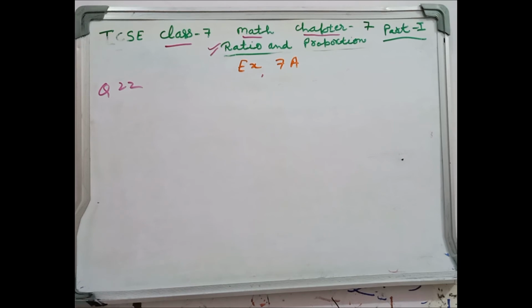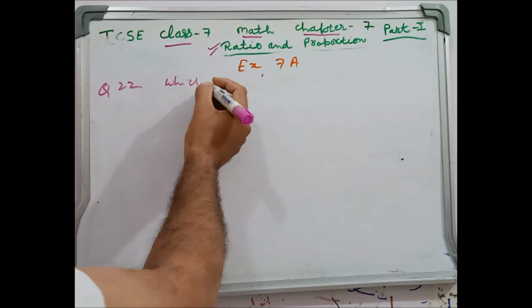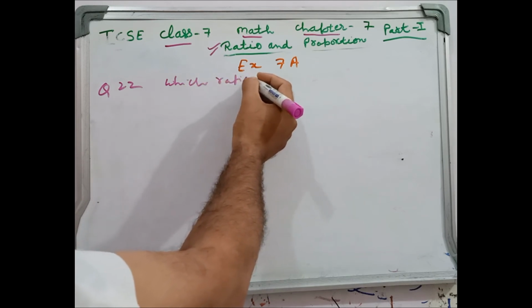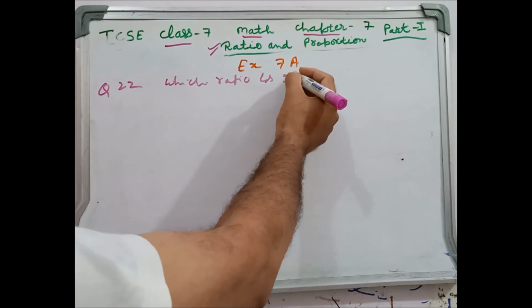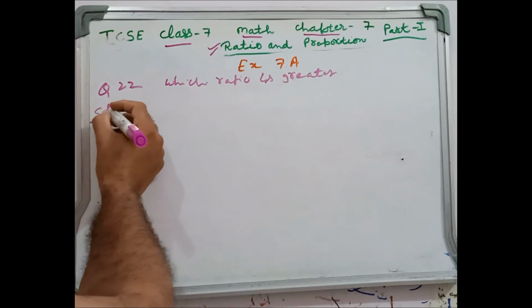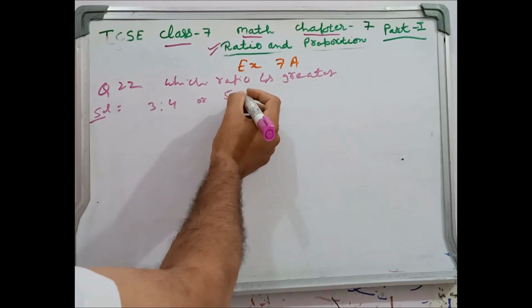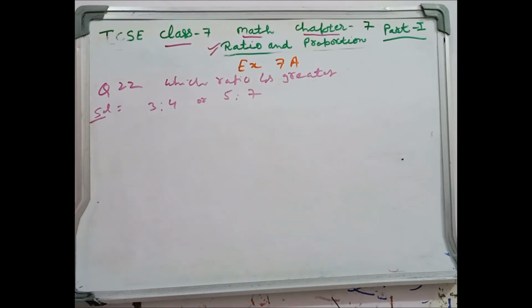Which ratio is greater? Which ratio is greater? So for that, 3:4 or 5:7, right?